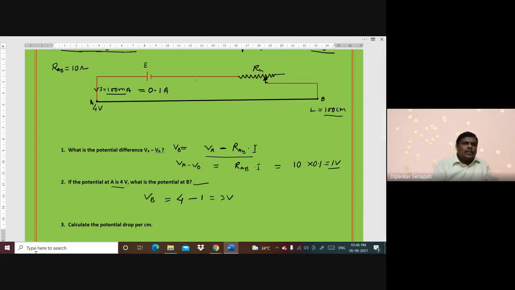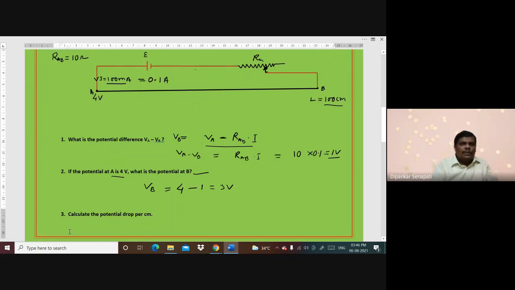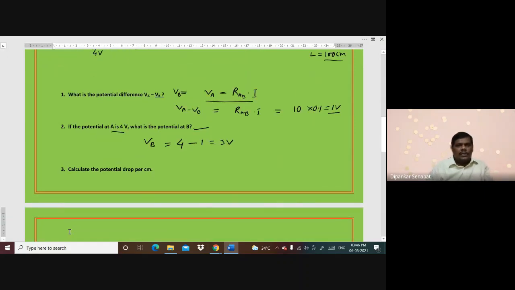Next question. Calculate the potential drop per centimeter in the wire. Then what is the total potential drop across AB? VAB is equal to 1 volt. What is the length of AB? LAB is equal to 100 centimeters.